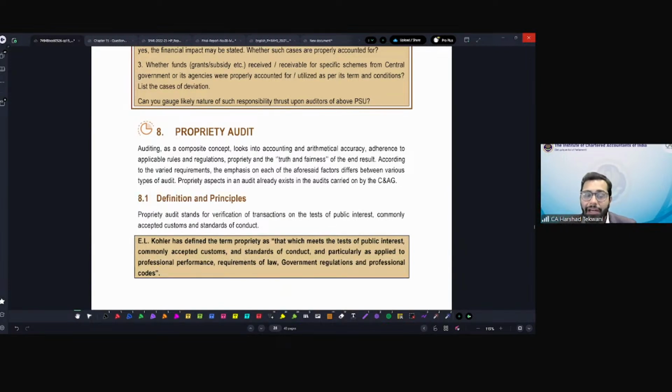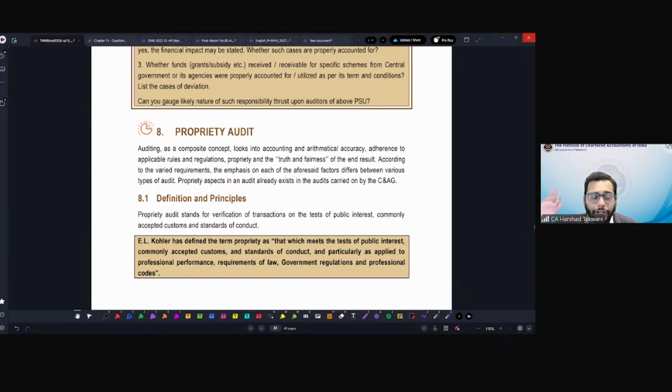But in proprietary audit, we go a step ahead. We ask whether this contract was necessary, whether this particular thing was supposed to be done. For example, a road was supposed to be created. Now, in performance audit, you evaluate the orders, guidelines or schemes which are framed based on the audit criteria.